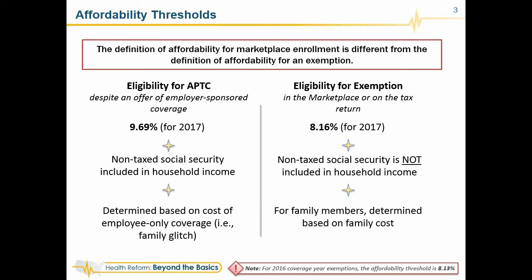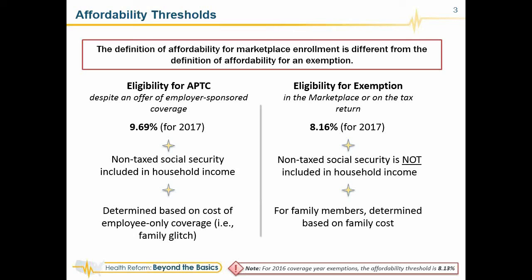You can claim an exemption based on affordability if the plan costs more than 8.16% of income. The definition of income is different. In the tax world for exemptions, we do not include non-tax Social Security income. We only include the taxable amount of Social Security in household income.